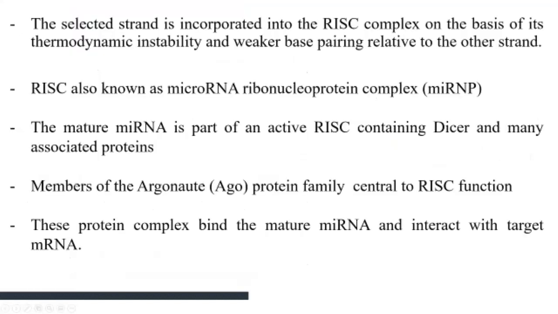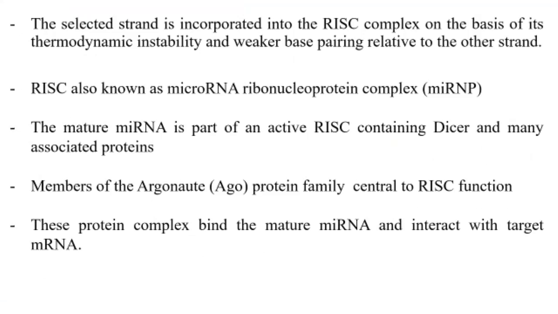The selected strand is incorporated into the RISC complex on the basis of its thermodynamic stability and weaker base pairing relative to the other strand. The RISC is also known as the microRNA ribonucleoprotein complex, or miRNP complex. The mature microRNA is part of an active RISC containing Dicer and many other associated proteins.